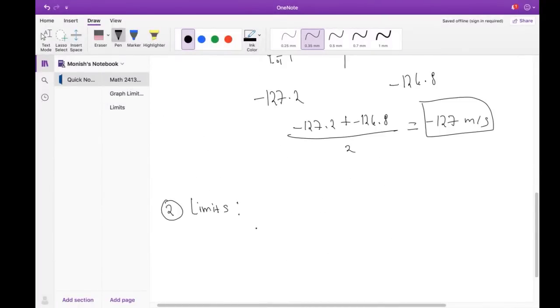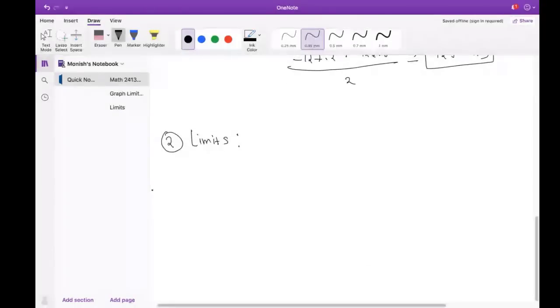And then I'm going to go over limit laws. So you're going to want to be able to do varying operations with limits. As most of you know, with limits, if we had something like the limit as x approaches c of f of x plus or minus g of x, that just means that we could split this up and say that we're taking the limit of f of x and adding that to the limit of g of x.